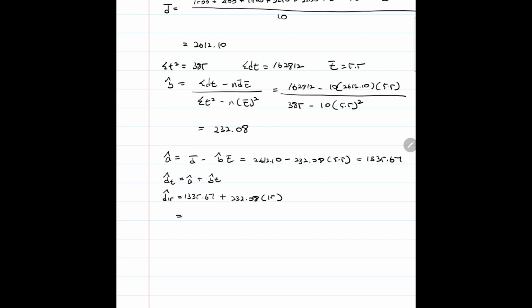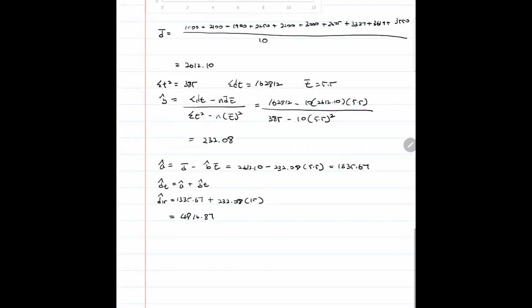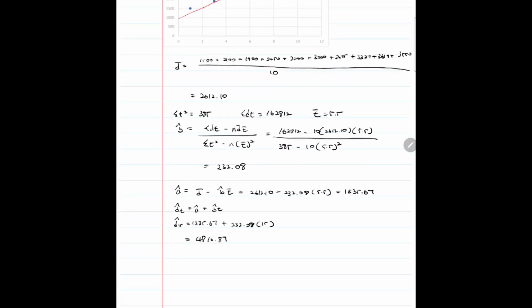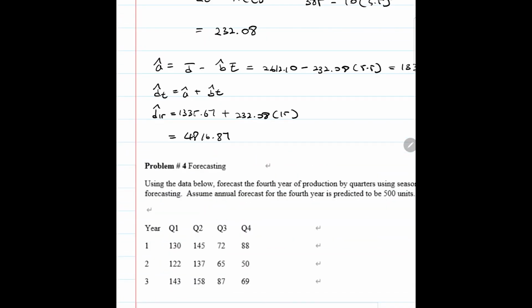Let's say it's going to be 4816.87. So expected demand in year 15 is gonna be 4816.87. Okay, next one is problem number 4.